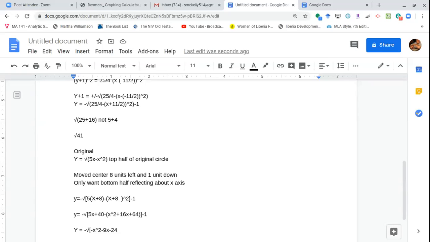But if I have y equals the opposite of the root of 25 over 4 minus x plus 11 halves squared, minus 1, then if I want to simplify under the radical, I get 25 over 4 minus x squared. This is going to be 11 halves, so it's going to be 22 halves.